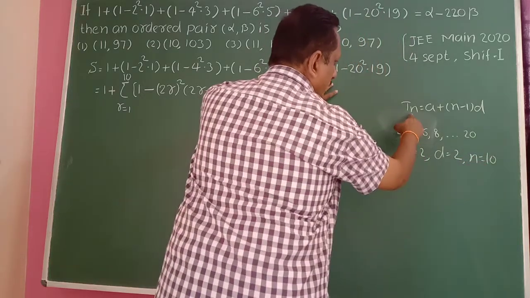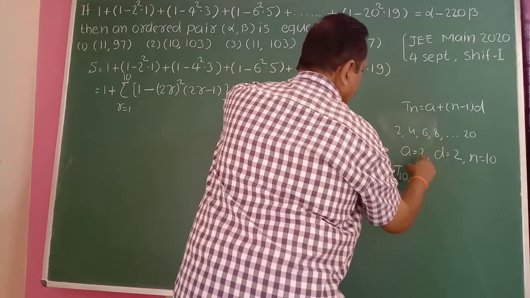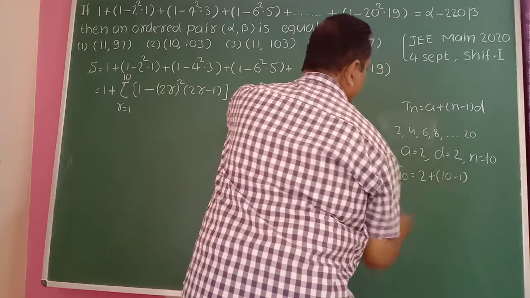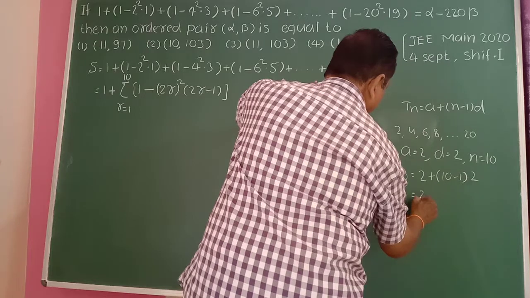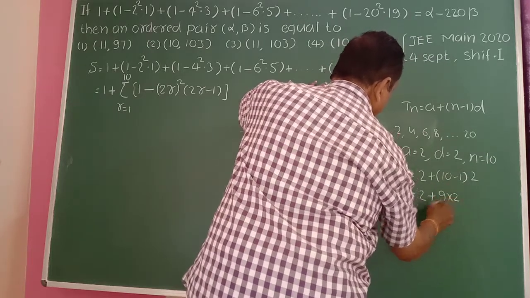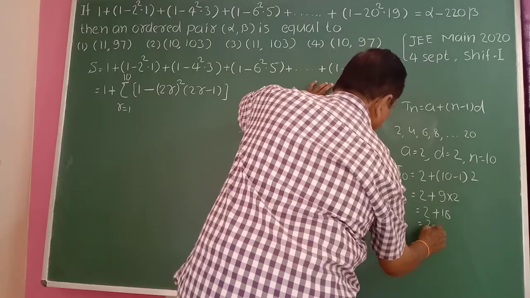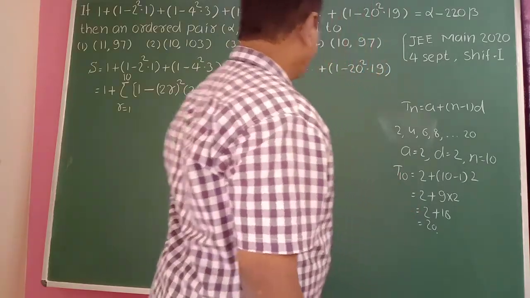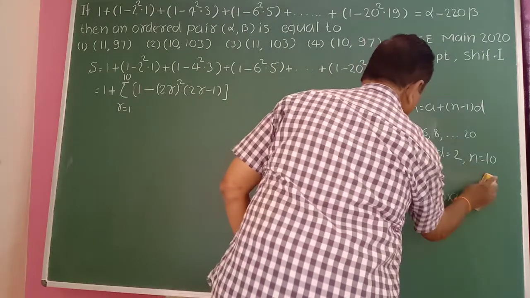Apply T10 equals 2 plus (10 minus 1) into 2. So 2 plus 9 into 2 is 2 plus 18, then 20. Therefore the 10th term is 20.